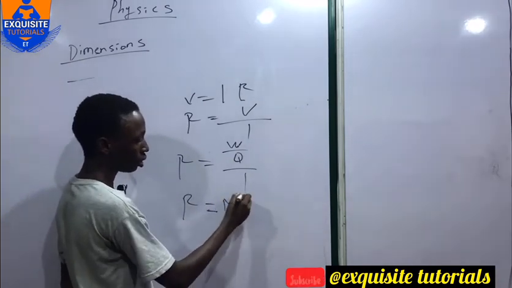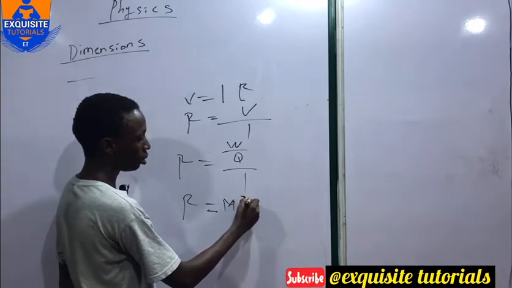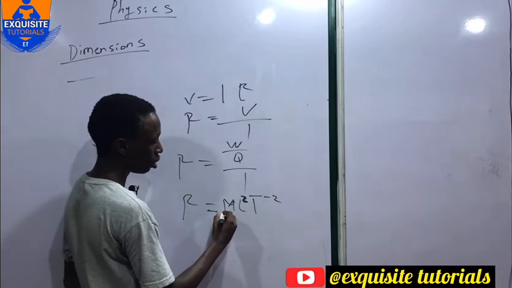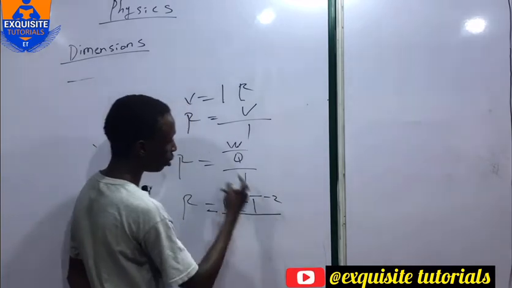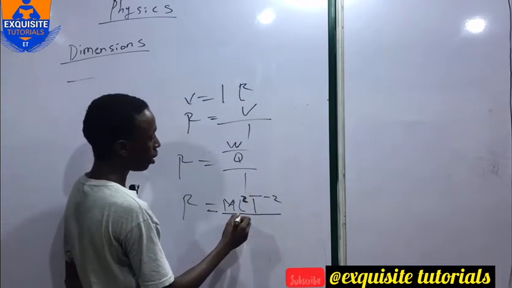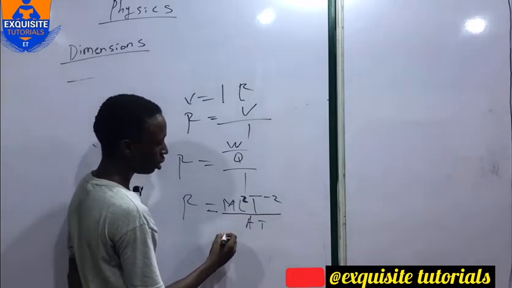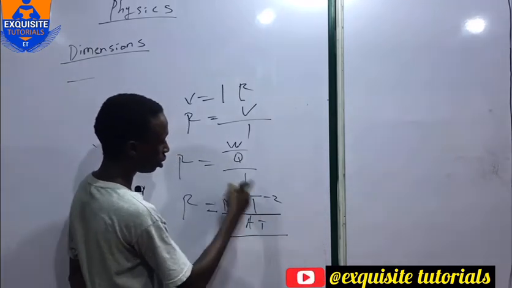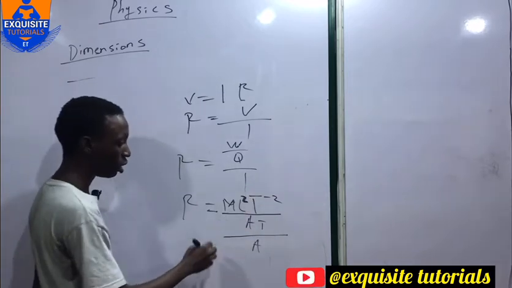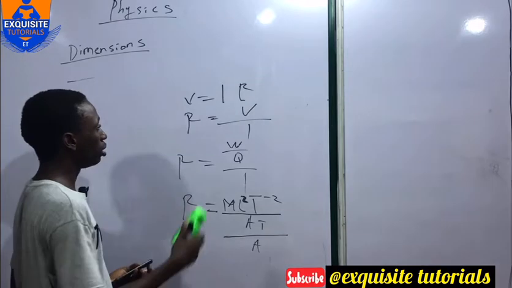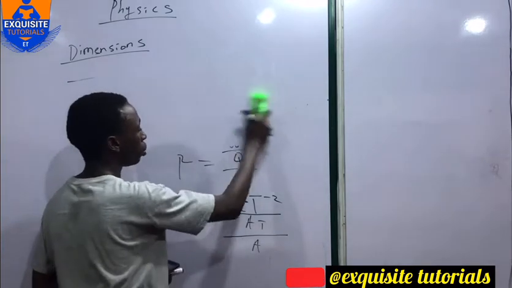ML squared T minus 2 all over AT, then all over A. Remember that this is the current. So now we can clean this up and represent what we have on top.